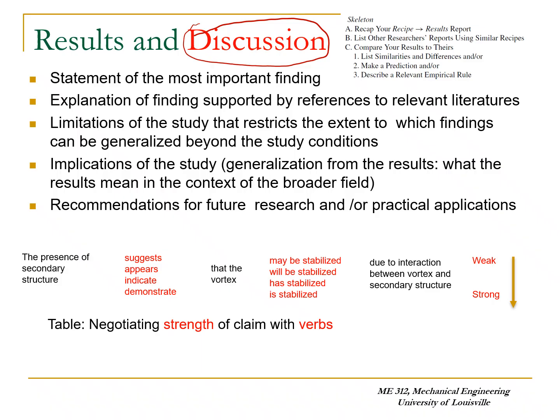One is you can write results separately and discussion separately, but in our lab we try to write them together. If you write them together, this is the skeleton for the discussion. You don't have to do this part, because this is the main result we want to discuss. If you write the results and discussion together, the main result for that particular plot or table is already there, so you don't have to write it again.